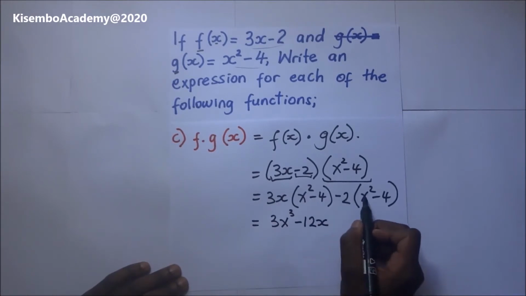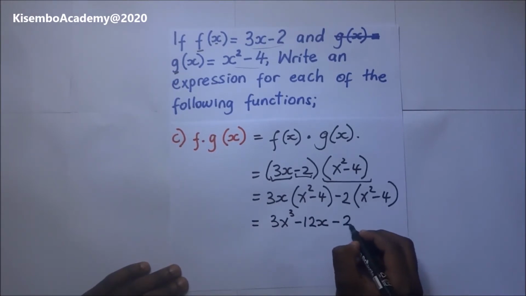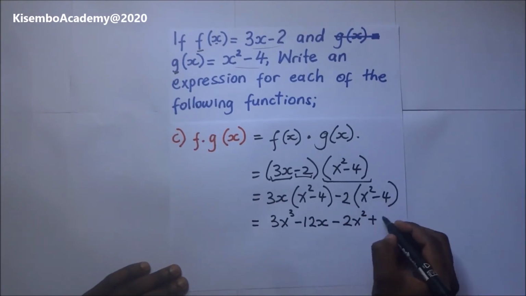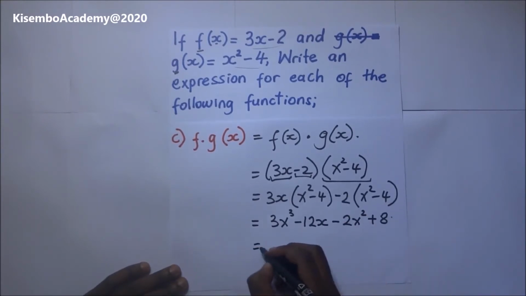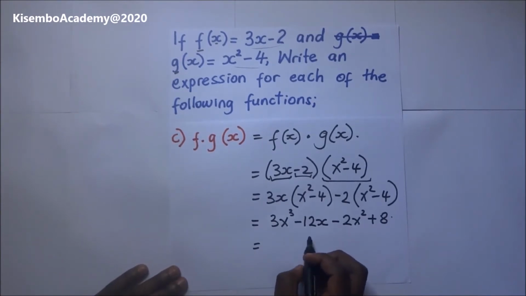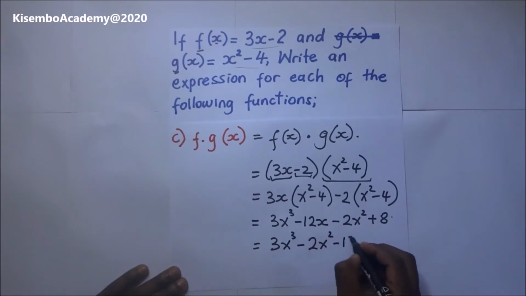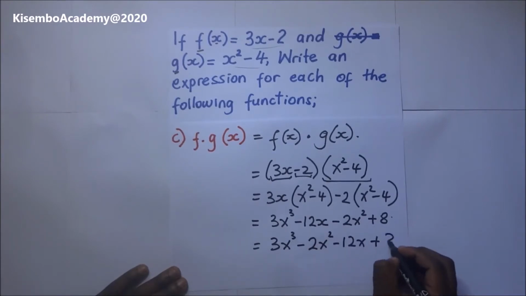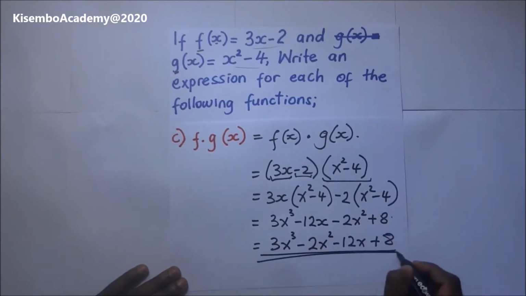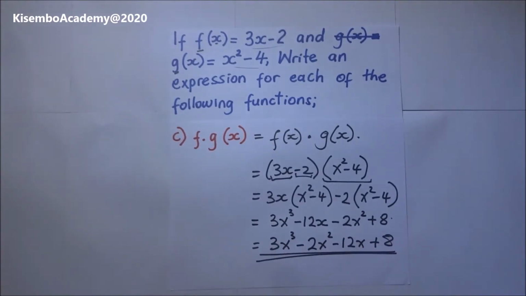We have -2 times x squared giving us -2x squared. Then we have -2 times -4 giving us +8. We go ahead and rearrange this to make it simpler. This becomes 3x cubed minus 2x squared minus 12x plus 8. And we can't simplify it any further than that. That's our answer right there.